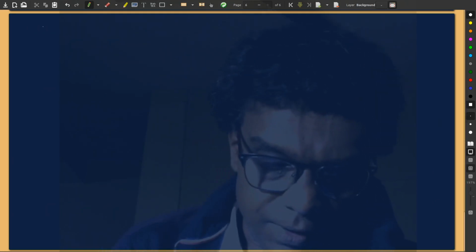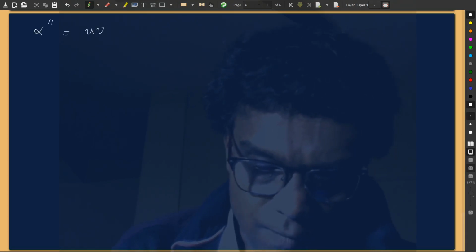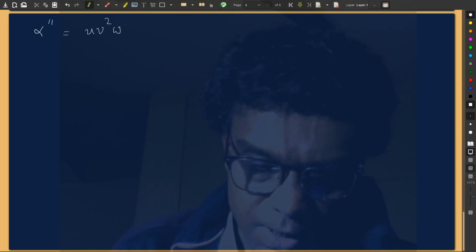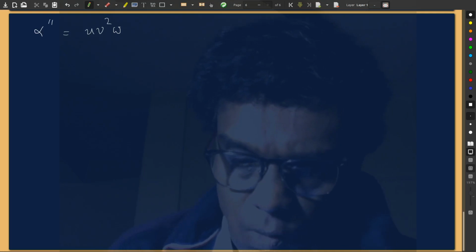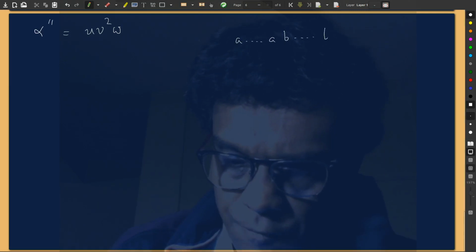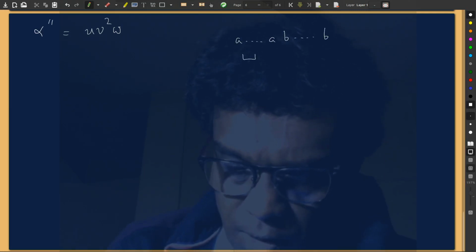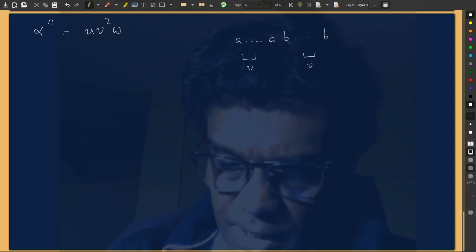Now let us look at this alpha double prime, U V square W. Now once again you consider the 3 cases. The block of A's, then you have the block of B's. Case 1, V is completely here. Case 2, V is completely here.